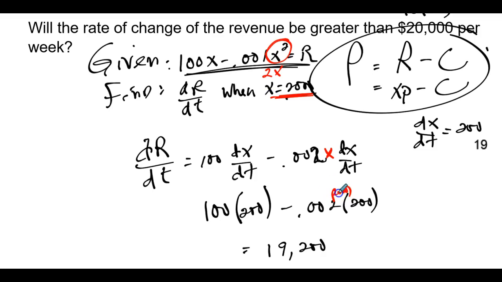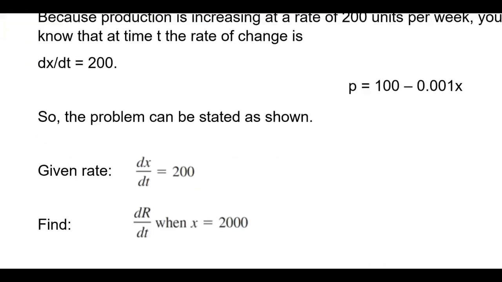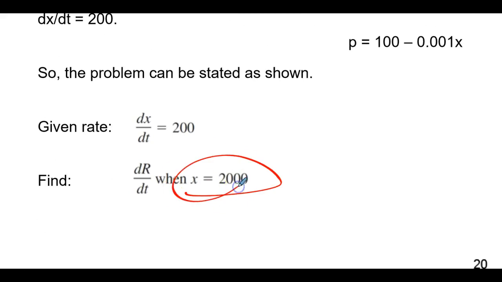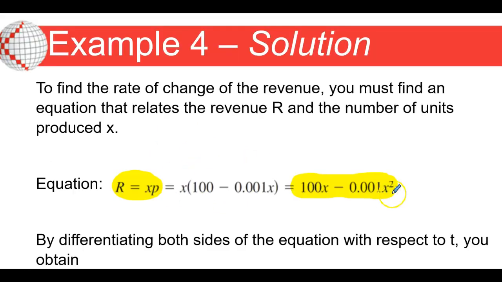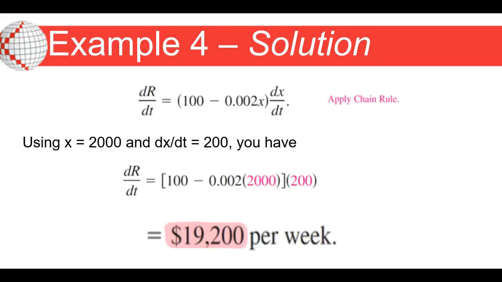So I think this will work. So 100 times the 200 minus 0.002 times the 2,000 times the 200. I think will get us the correct answer. Let's see if the author, when x is 2,000. I don't think I took the derivative quite right. Yeah, there it is. There's that 2,000 I needed.